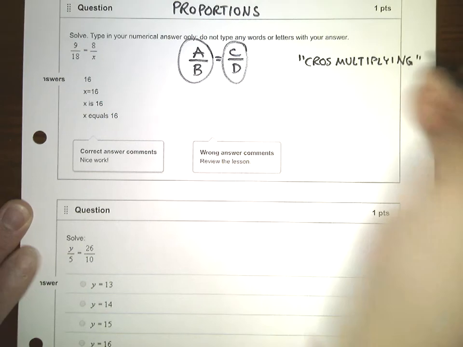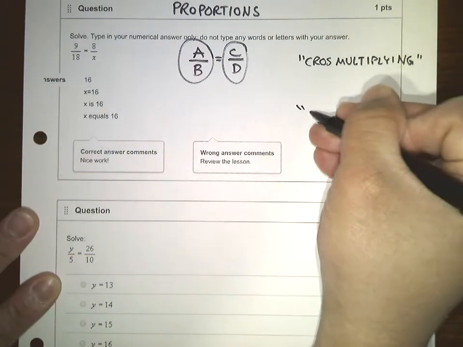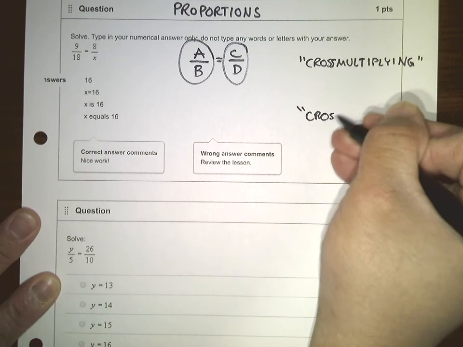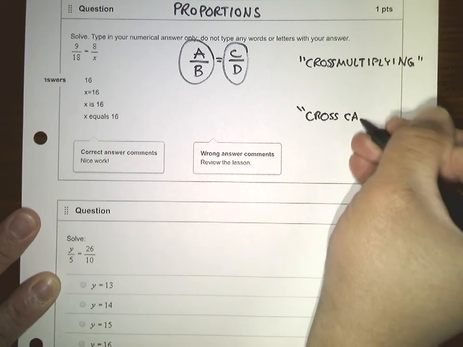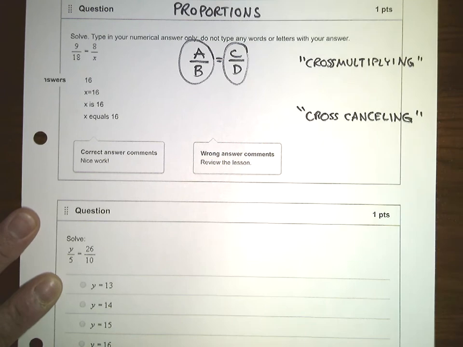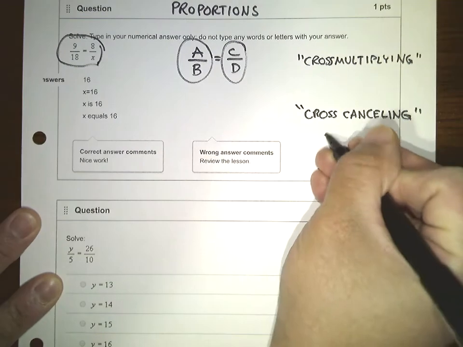Now, people sometimes get this confused with cross canceling. There's a difference between cross multiplying and cross canceling.